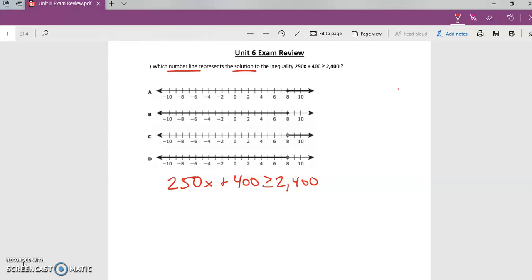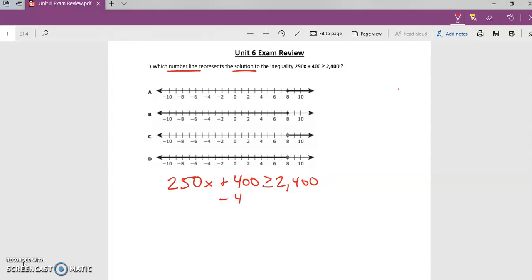So my first thing is I have a coefficient with the variable, I have a constant here, the plus 400, and then I have an ending amount. So what's my constant that I want to move? It's going to be the 400.